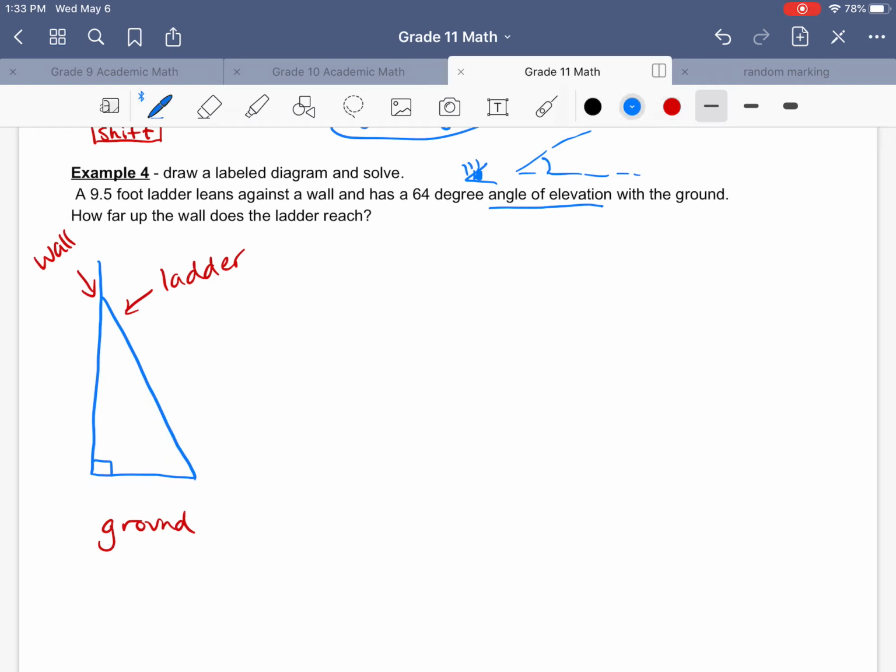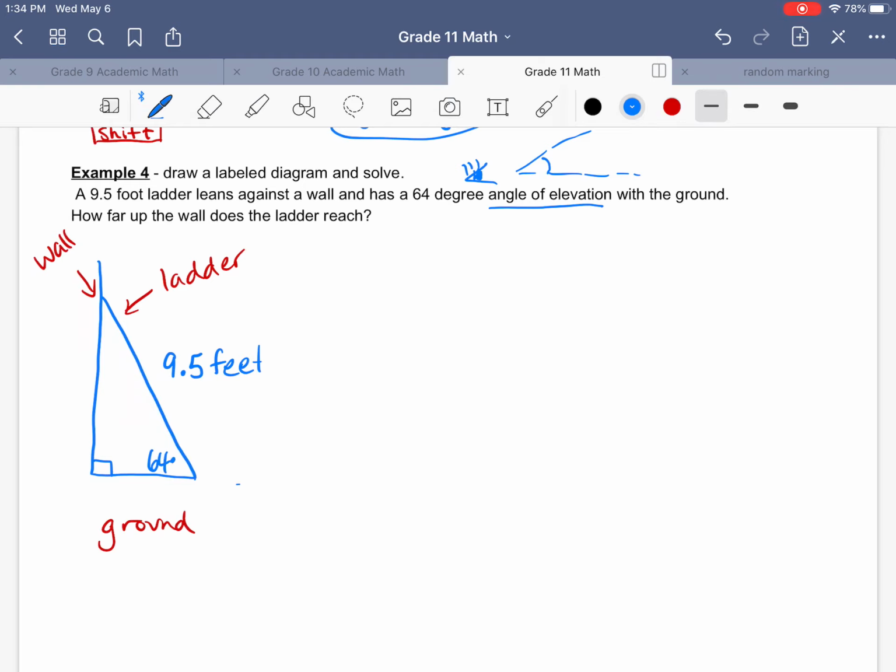Now we need to take the numbers that are actually given and label our triangle. We are told that the ladder is 9.5 feet. Okay, so there we go, 9.5 feet. And we are told that it has a 64-degree angle of elevation with the ground. So here, this is 64 degrees.